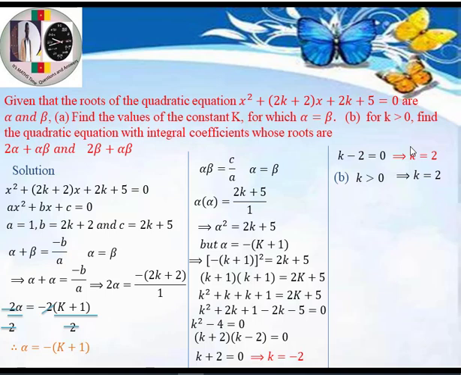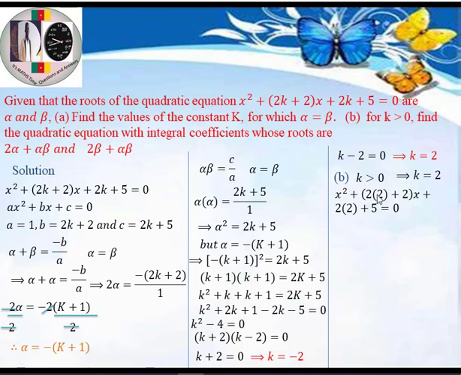So we'll take this value of k equals to 2 and substitute it inside this quadratic equation that has been given to us, to have a new quadratic equation that we can use to look for the new product of roots and the new sum of roots to form a new equation. So when we substitute, we are going to have x squared plus 2 times 2, because k is 2, plus 2x plus 2 times 2, because k is 2, plus 5 equals to 0.